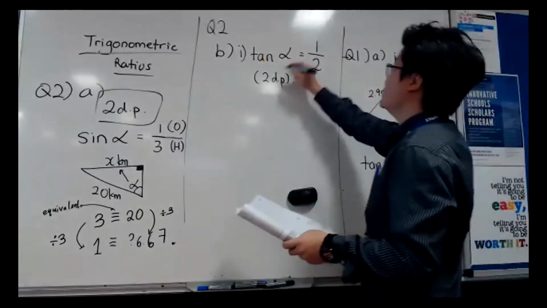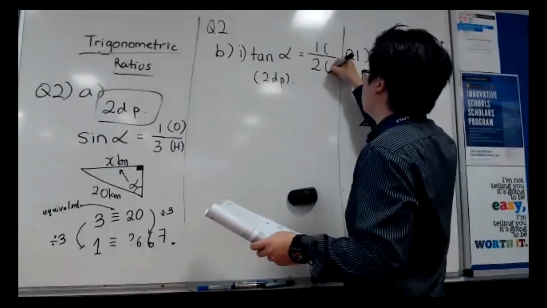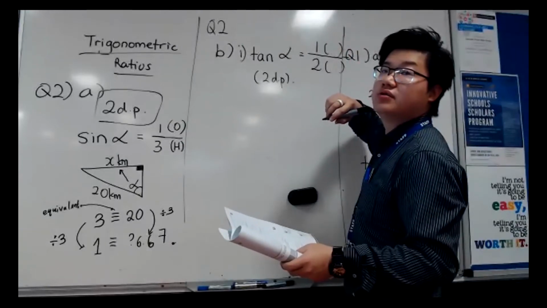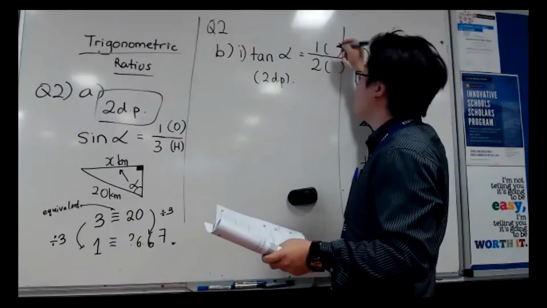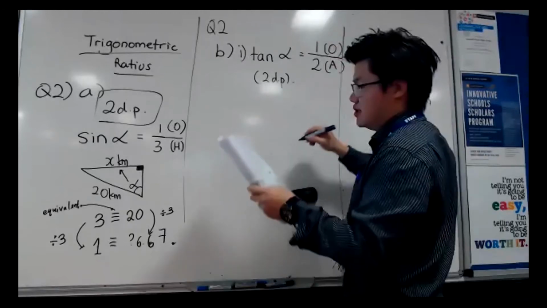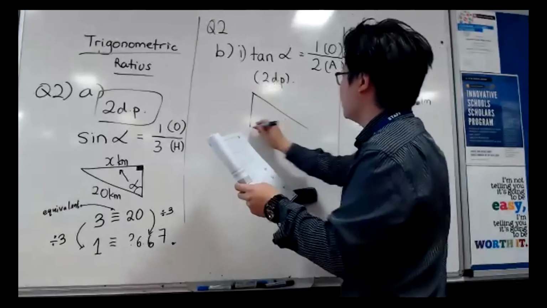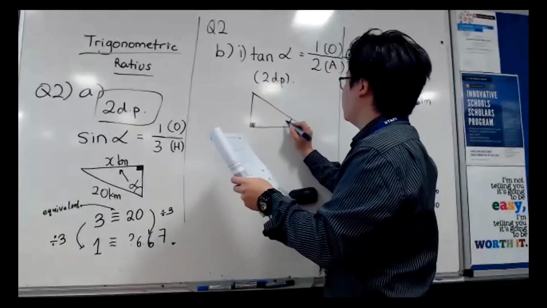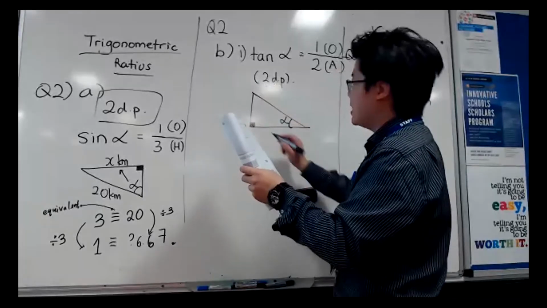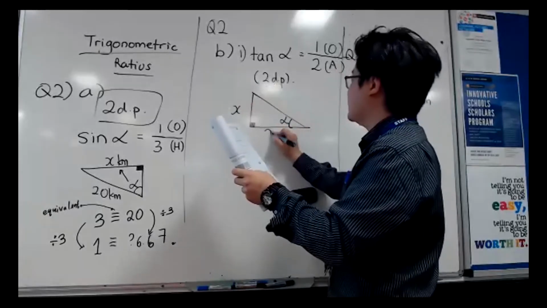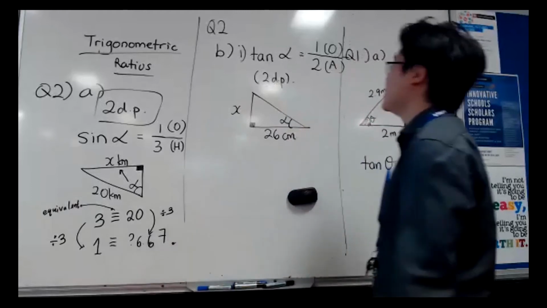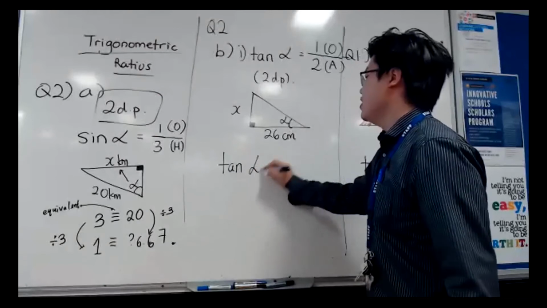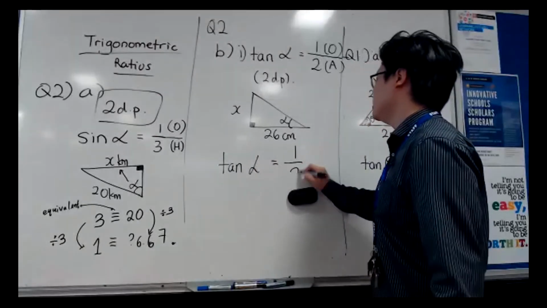Tangent is what over what? Tangent alpha equals opposite over adjacent. If you have a look at the triangle right there, that's the right angle, that's your reference angle, that's X, and that's 26 centimeters. They tell you that tangent alpha equals 1 over 2.